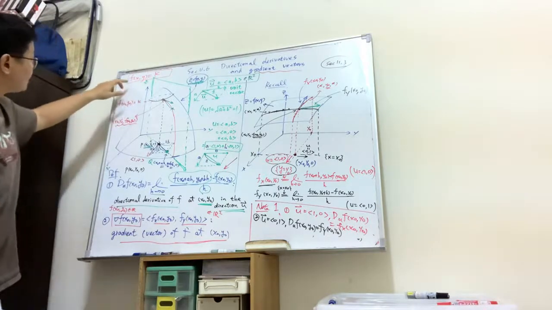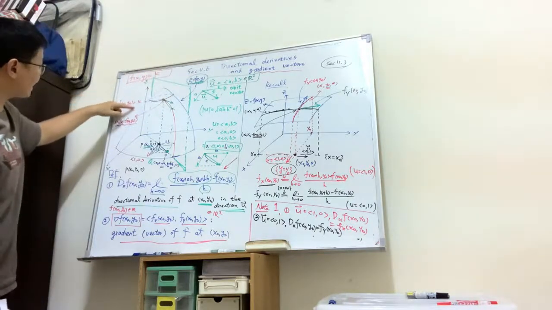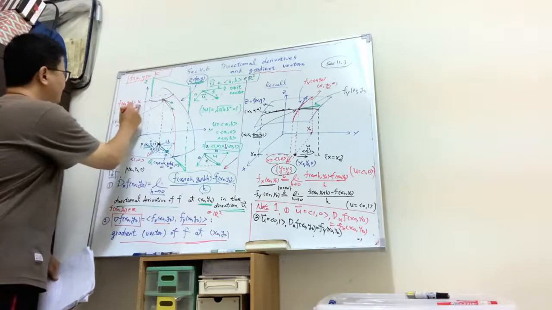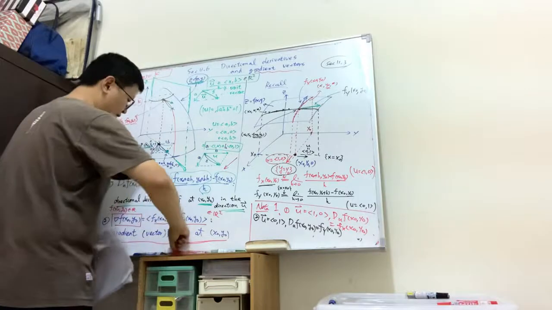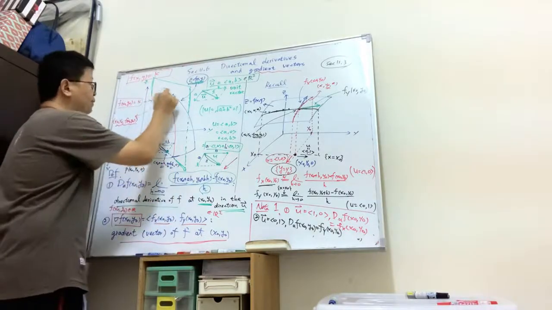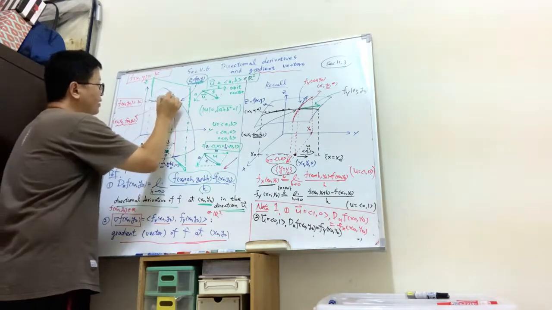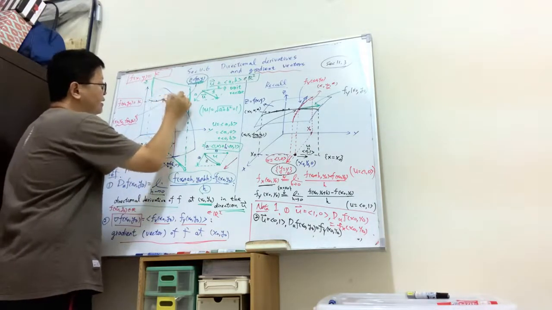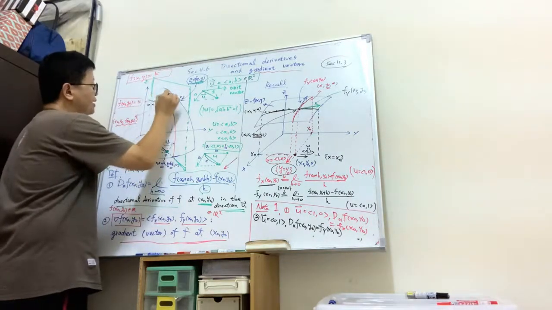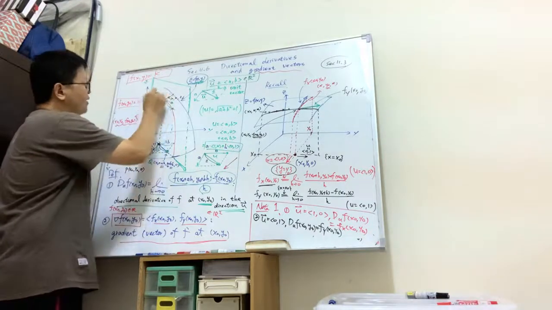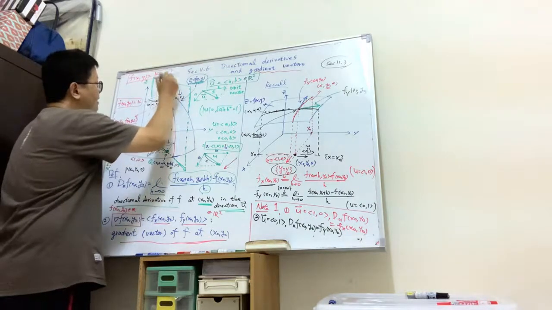Here we consider the height for the function: if its height is k, where k is a number, then there are some points here. Here I circle them in black. It means that all the points in the circle have g value k. It has a height k.